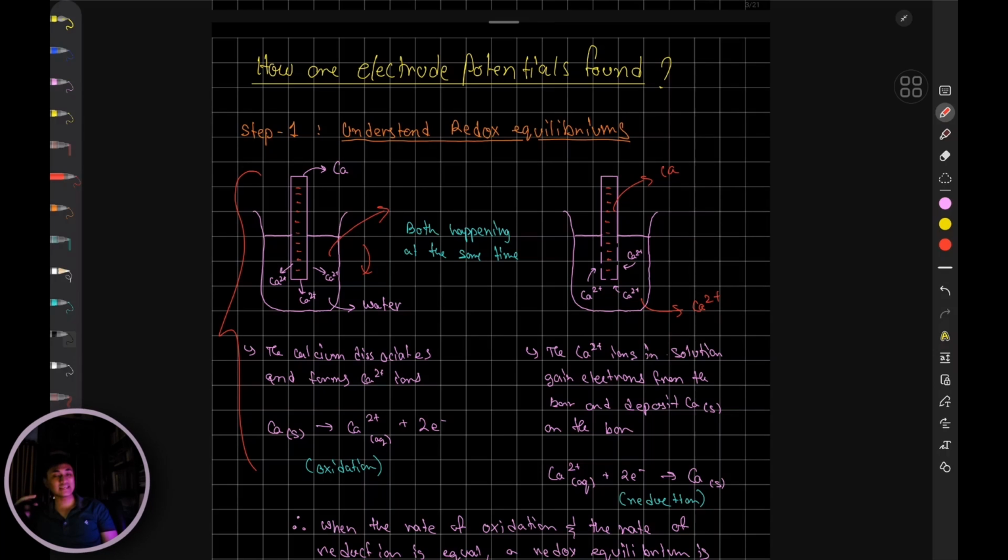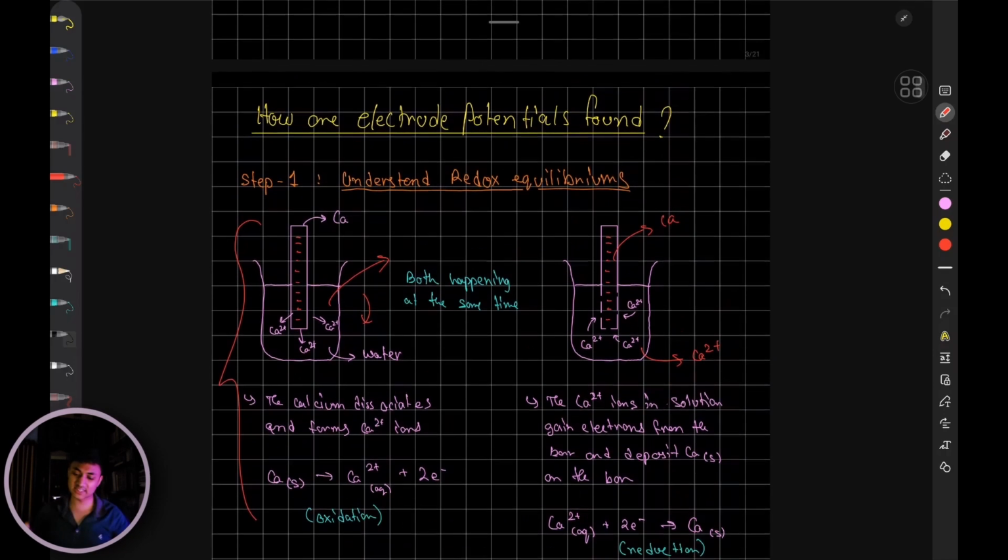Now, when there is a separation of charge, if you've studied physics, there's going to be a voltage, a potential difference between 2 points. What do you see in case of a battery? You see a potential difference between 2 points. One is a positive plate, one is a negative plate, and due to the separation of charge, there is a potential difference.